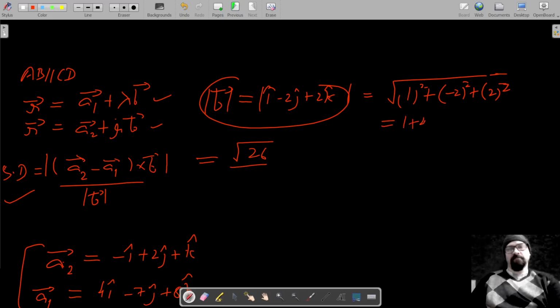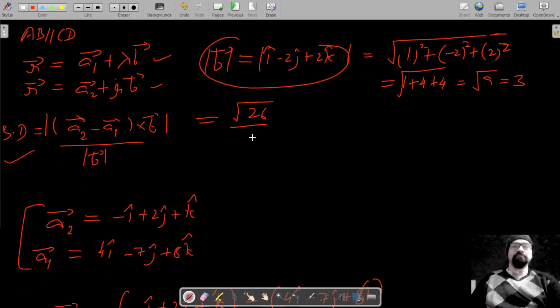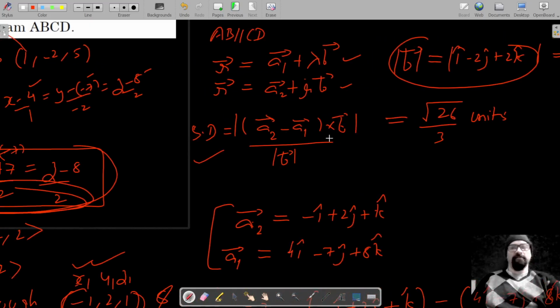So this is 1 plus 4 plus 4, which is under root 9, which is equal to 3. So this has to be divided by 3 units. So this is the perpendicular distance, under root 26 by 3 units.